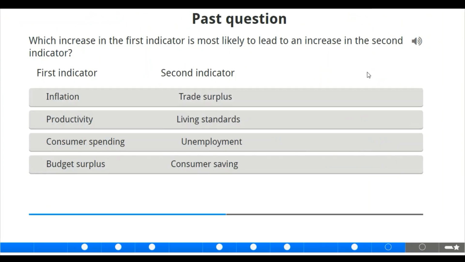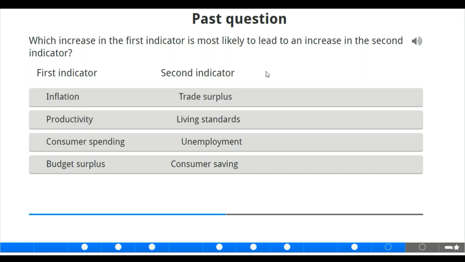Moving to the next slide, we now have a question here. Which increase in the first indicator is most likely to lead to an increase in the second indicator? Now, what is our first indicator here, and what is our second indicator here? Here we have inflation, and we have our second indicator to be what? Trade surplus. The second one, we have productivity, which leads to an increase in living standard.